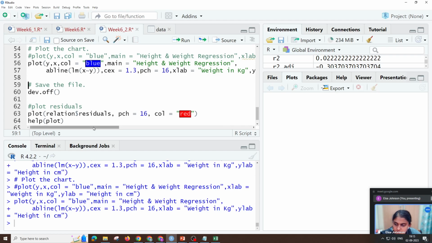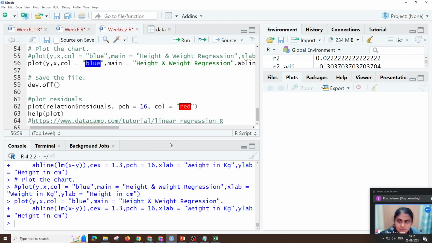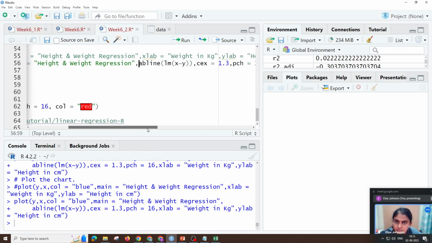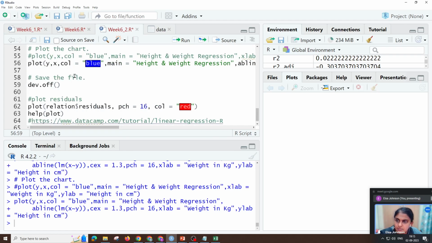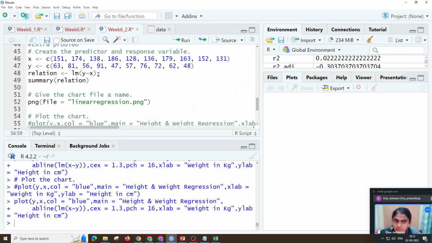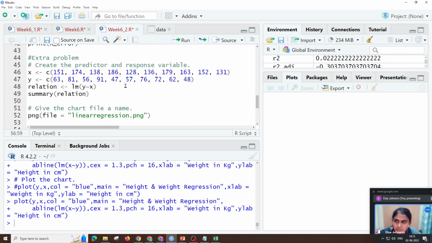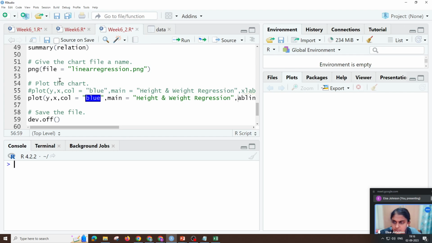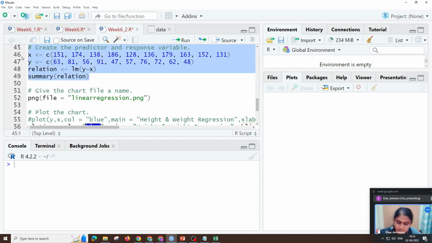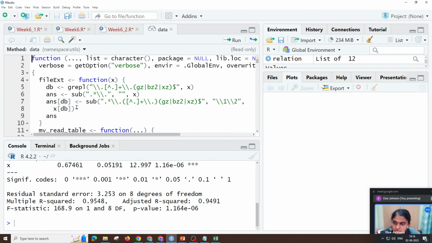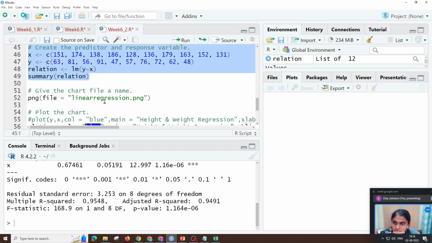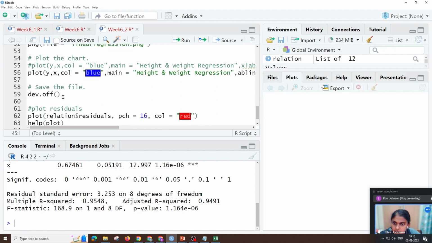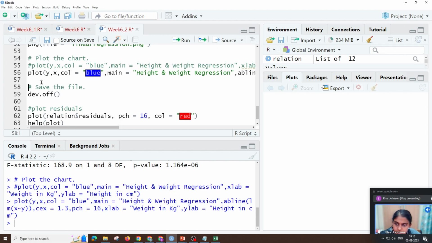There is one problem. I didn't change the values.